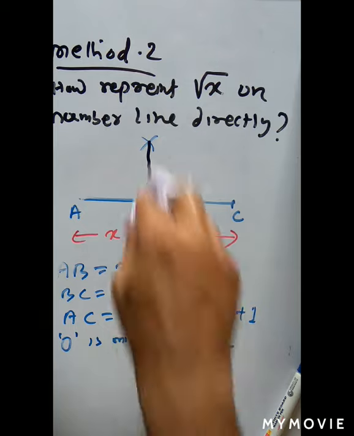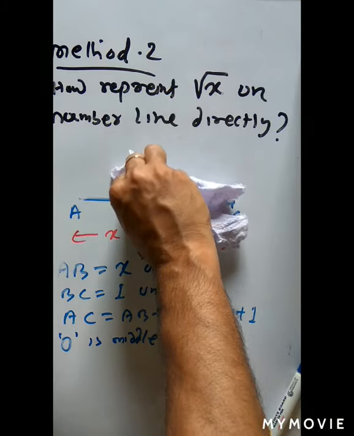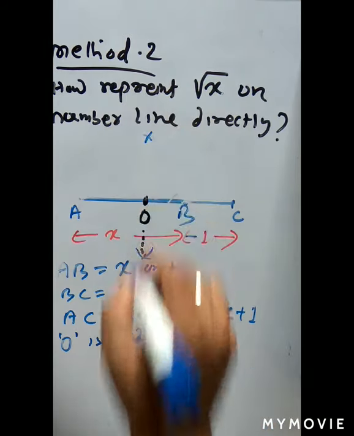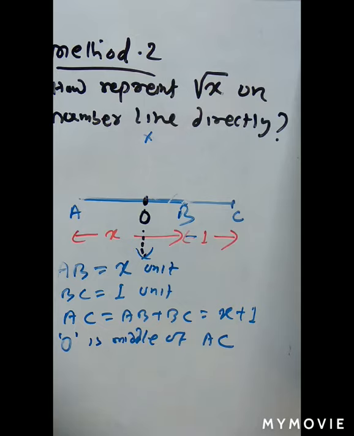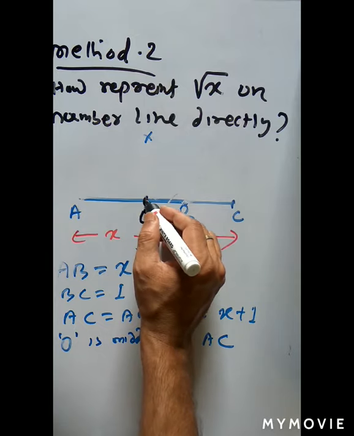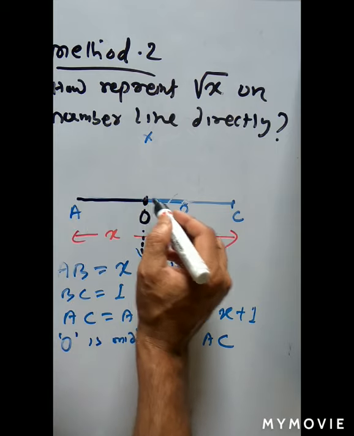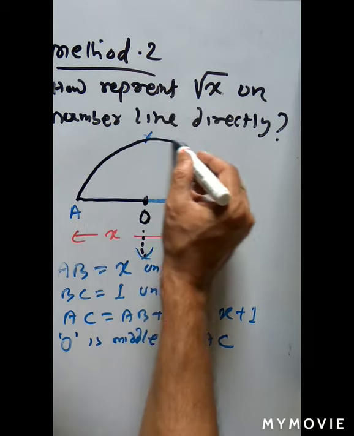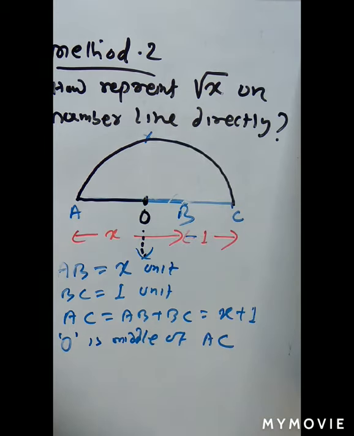Okay, but don't make a solid line here. So this is our middle point. Now, with O as center and AO as radius, draw a semicircle which will pass through the point C. So O is the middle point of AC.